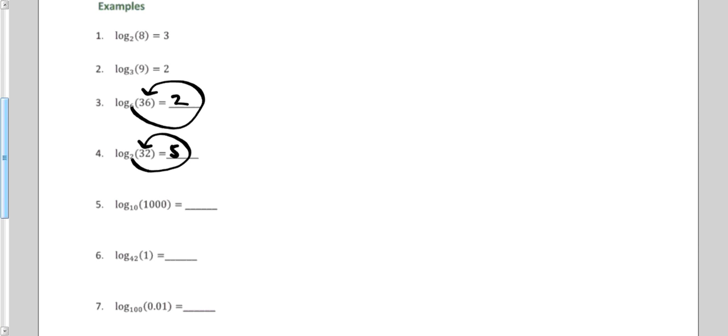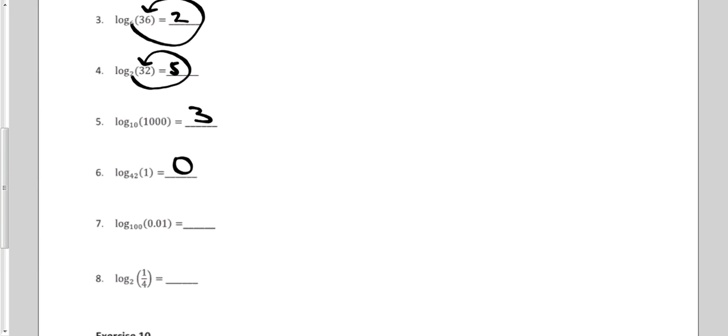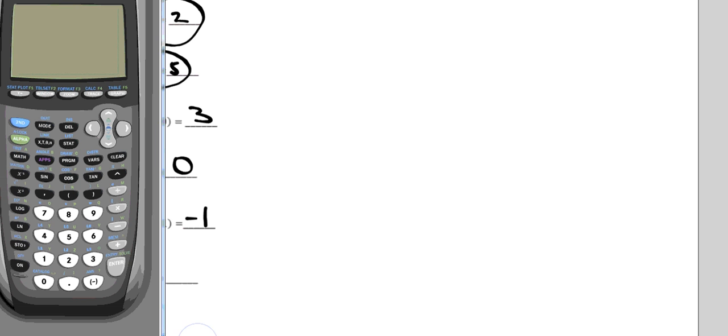Yes, that's all it means. 10 to what power gets me 1,000? 3. 42 to what power gets me 1? 0, because x to the 0 always equals 1. 100 to what power gets me 0.01? -1.